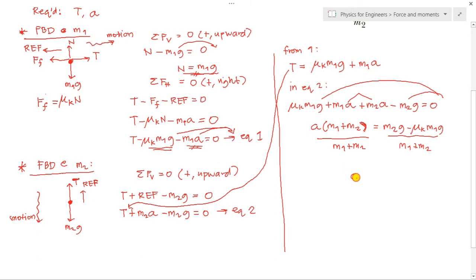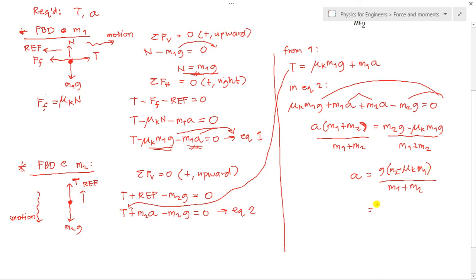So we now have acceleration equal to mass 2 G minus mu k m1 G all over mass 1 plus mass 2. Actually, we can factor out the G to make it clearer. So G times mass 2 minus mu k mass 1.